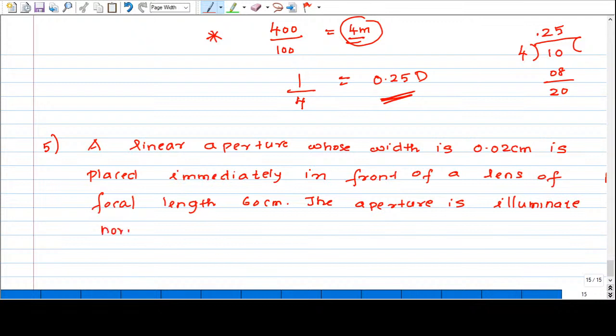Normally incident by a parallel beam of wavelength 5 into 10 power minus 5 centimeter.